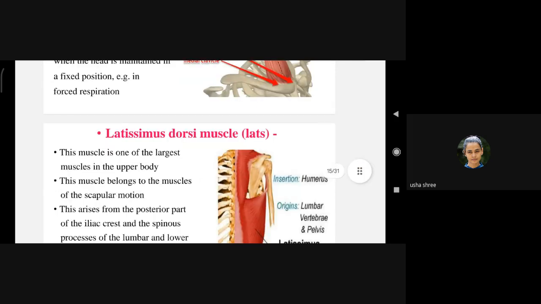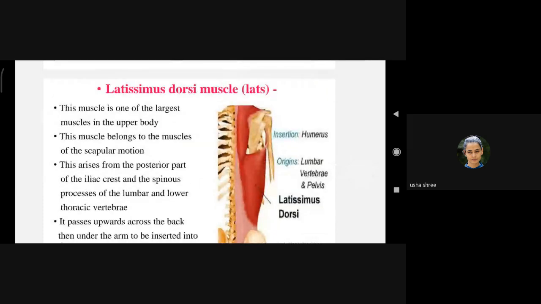Now, latissimus dorsi. This muscle is one of the largest muscles in our upper body. This muscle belongs to the muscles of scapular motion, means our scapula is moving with the help of this latissimus dorsi.